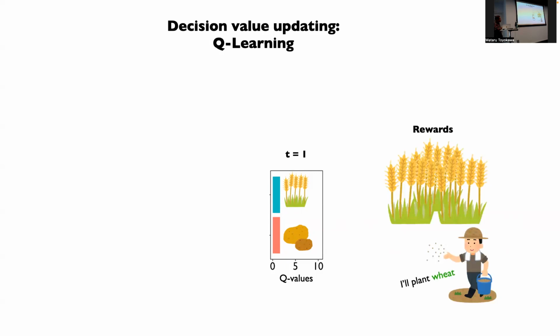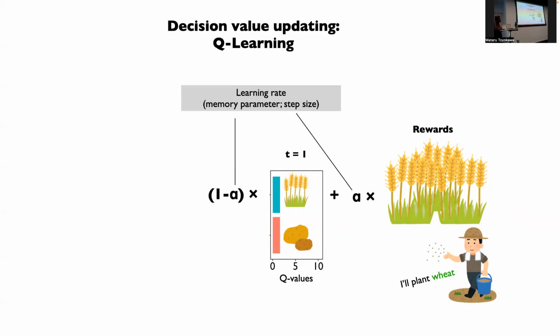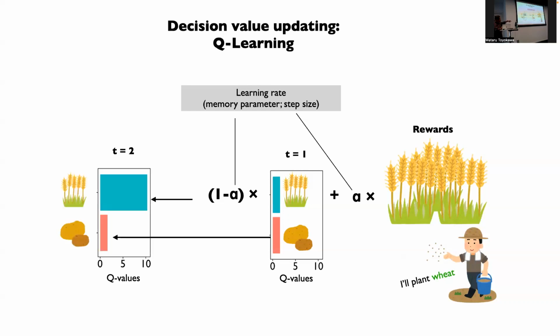Then he planted wheat and got a reward. This reward experience feeds back to the belief value, and this process generates the updated belief in the next trial.